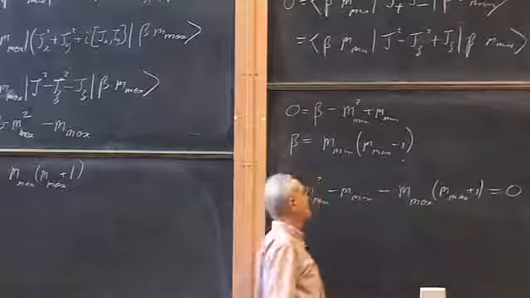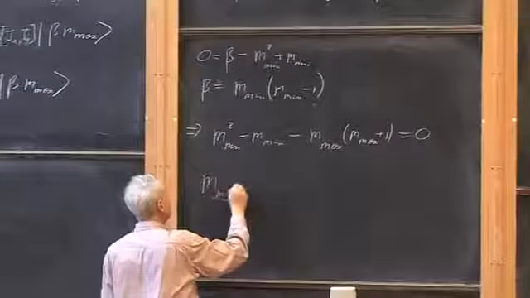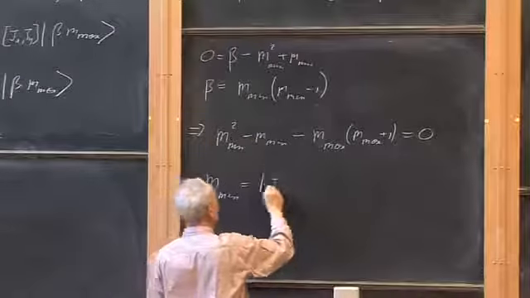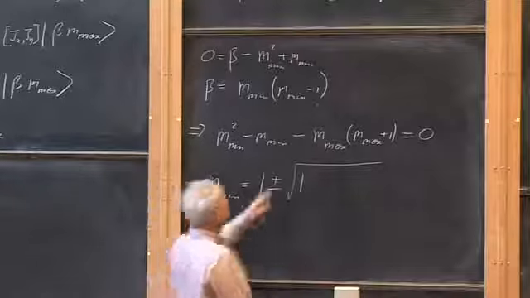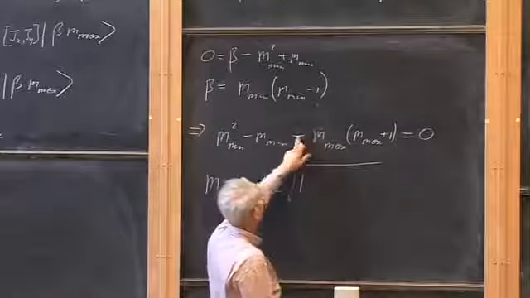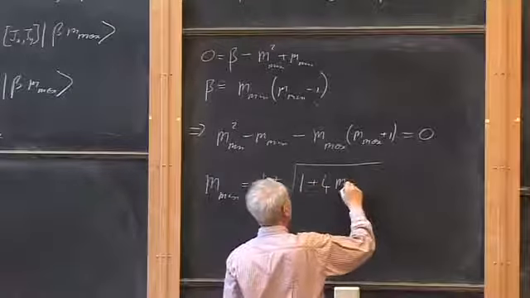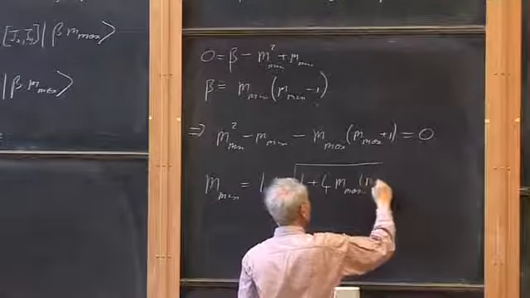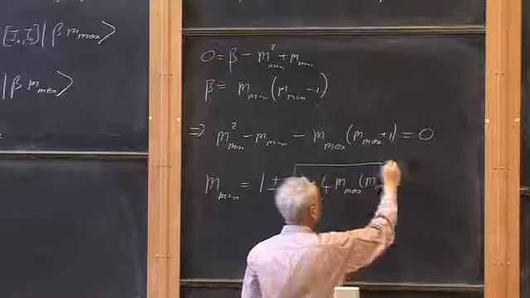Right? So this is a quadratic equation, and it tells me that m min is equal to minus b, well, b is minus 1, so that's equal to 1, plus or minus the square root of b squared minus 4ac. A's 1, c's minus this stuff. So plus 4 m max brackets m max plus 1, all over 2.